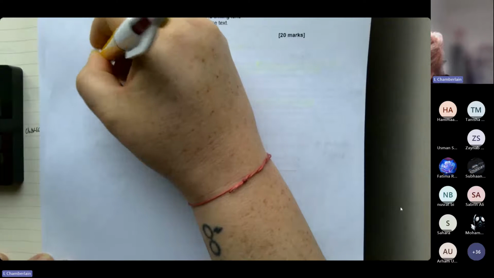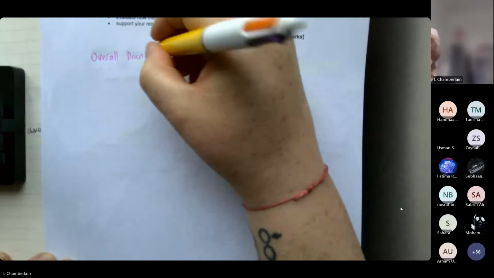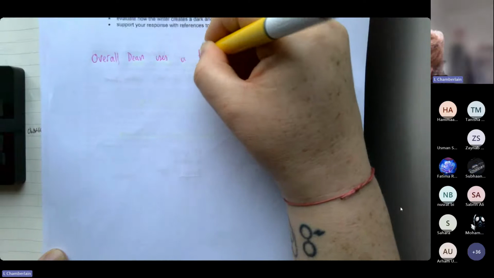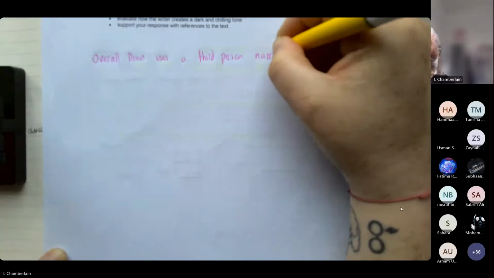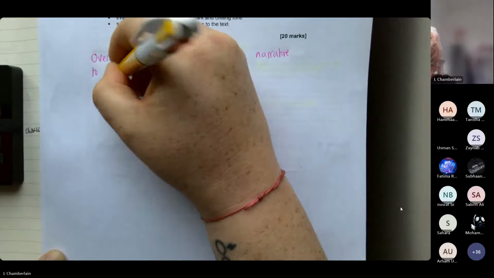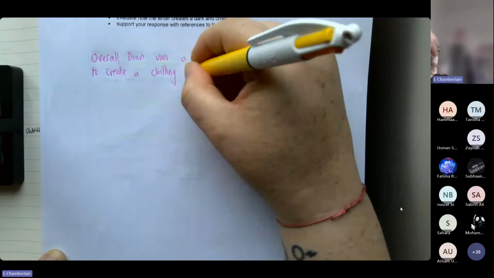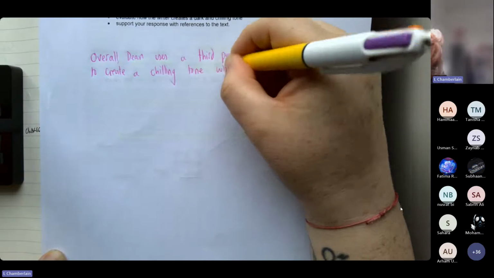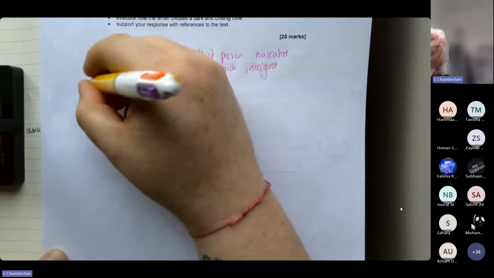So if I started by saying overall, Dean uses a third person narrative to create a chilling tone, which intrigues the reader.